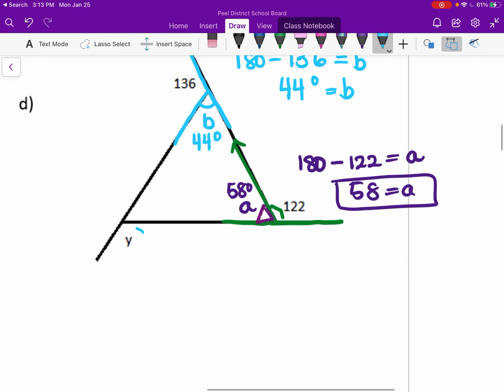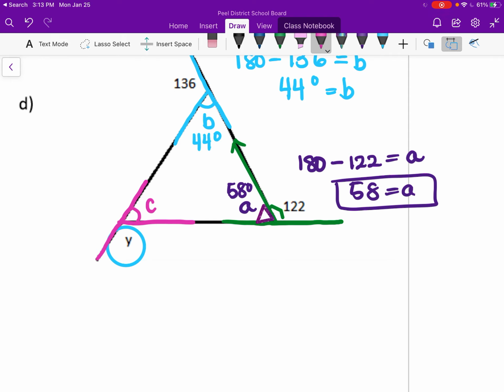Now, I want to find this Y value here. I don't have either the Y or this interior angle here. Let's call this C. If I find C though, I have one of the angles on that straight line.